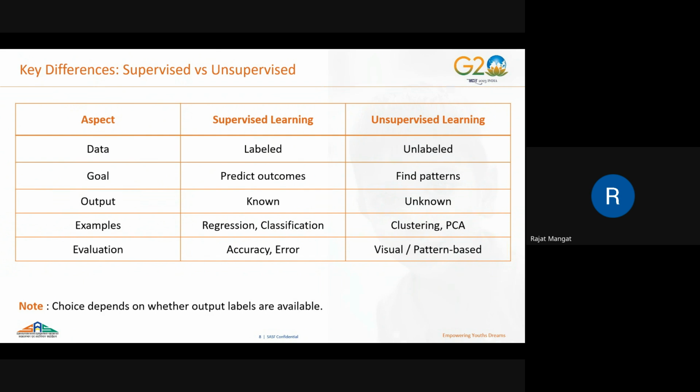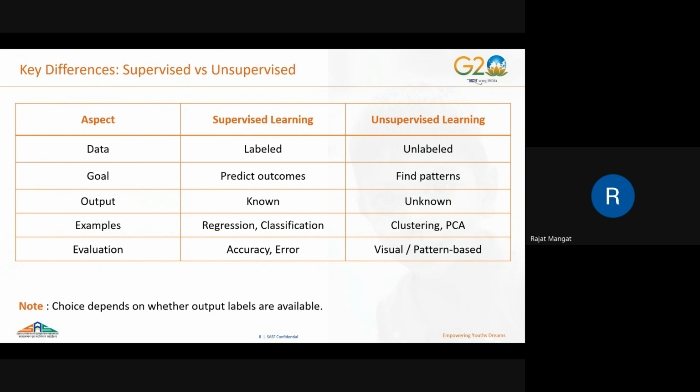Output will be known in supervised learning. You know what the output will be, or in what format the output will come, but in unsupervised learning it is unknown. The output can be different from what you were expecting, like in anomaly detection. Some common algorithms in supervised learning are regression and classification, and in unsupervised learning they are clustering and PCA.